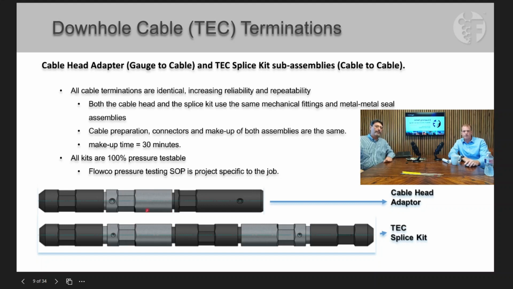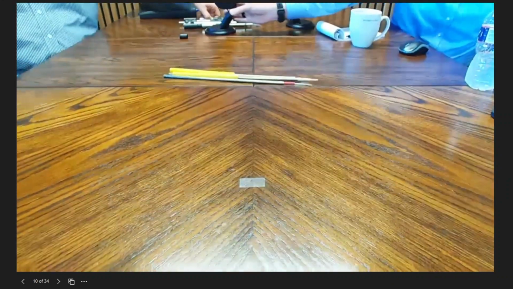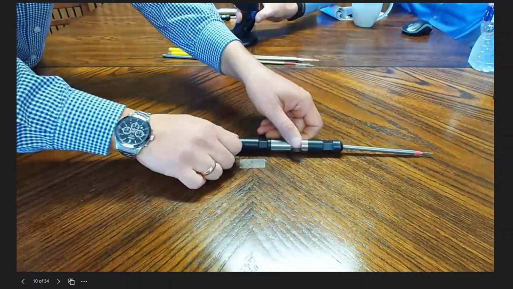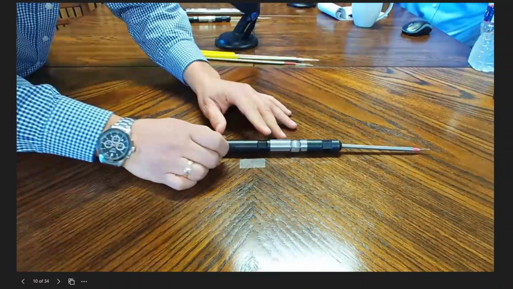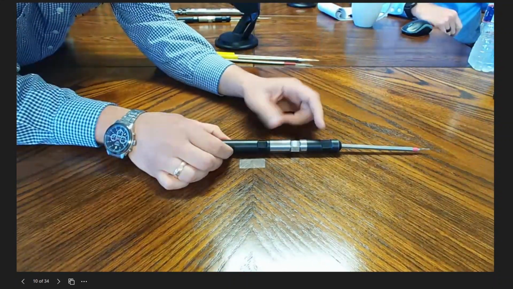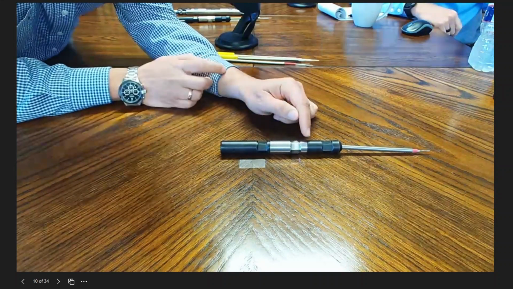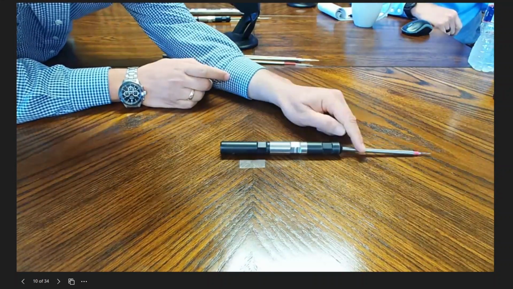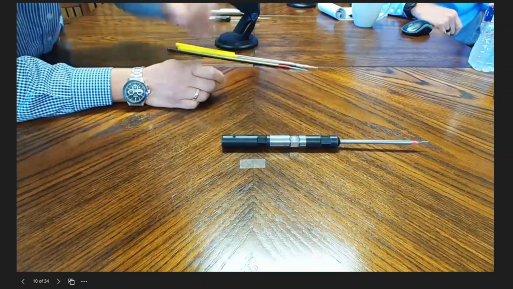Correct. Yep. And then I'll jump to the next slide, Juan, while we're talking about that, and we can look at those individual components. So this is connecting the TEC cable to the downhole gauge. Okay, here, this is the cable head adapter. This is my electromechanical connection between the downhole cable, which is this one, and the gauge.